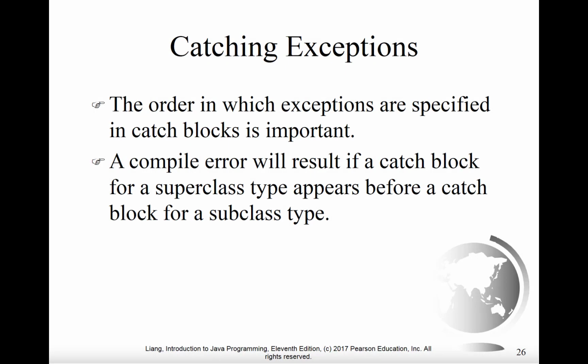In the case where we do have multiple catch blocks like we saw a couple of slides ago, it's important what order we list those blocks in, particularly when superclasses and subclasses are involved. And we're going to discuss in the next slide why exactly that's an issue by way of a particular example.